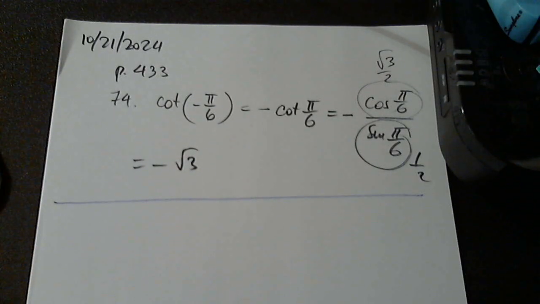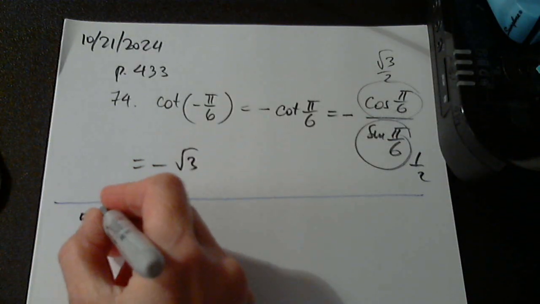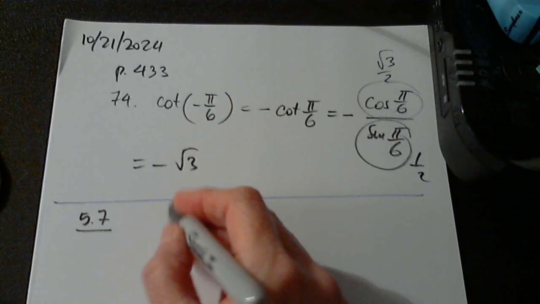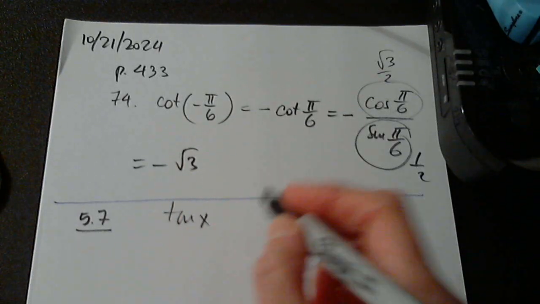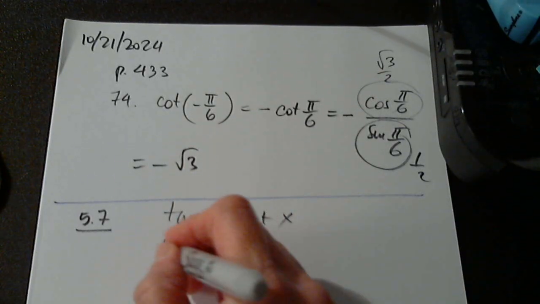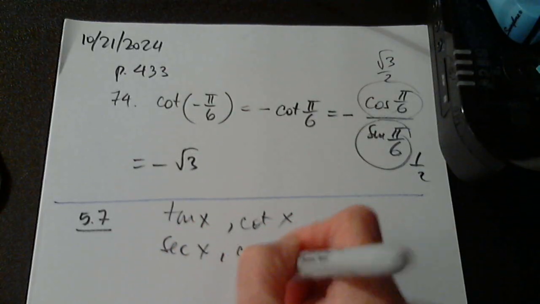Okay, then, so in that case, let's continue with the last section, basically, of this chapter. And we will look at graphs of tangent, cotangent, secant, cosecant.